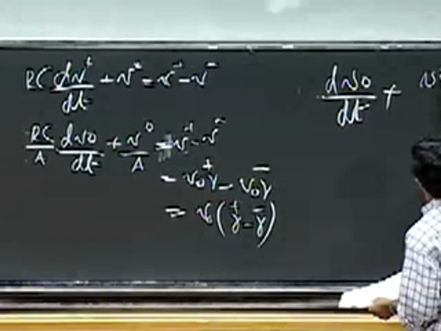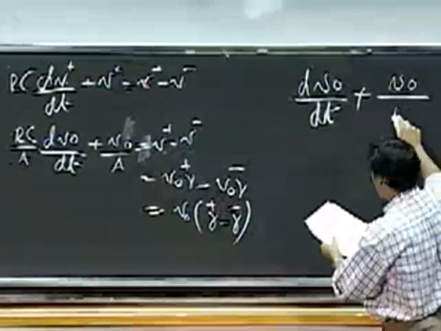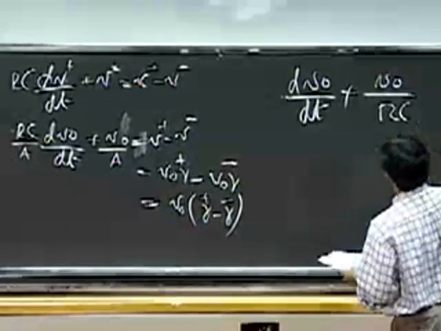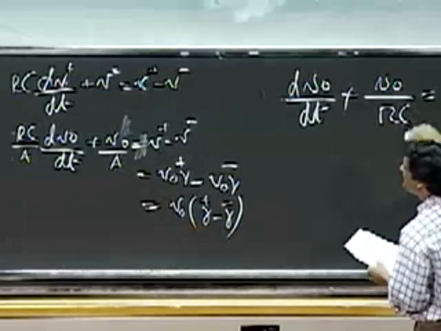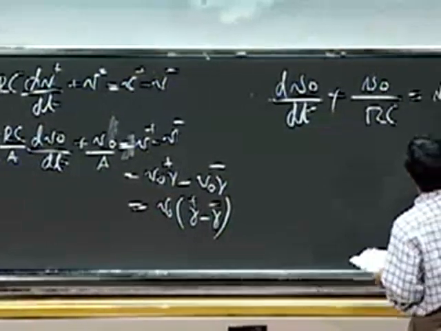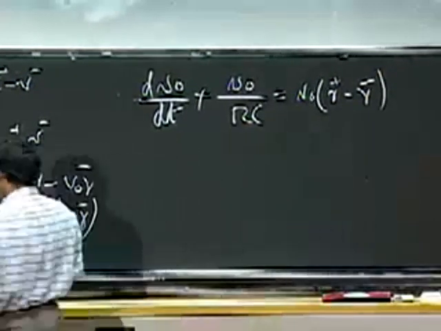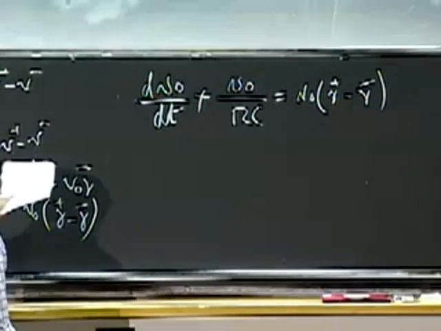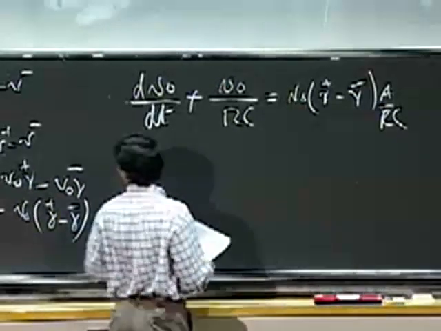Plus V naught divided by RC. And what I'm going to do here in a second, V naught gamma plus minus gamma minus. I've multiplied by A divided by RC throughout.